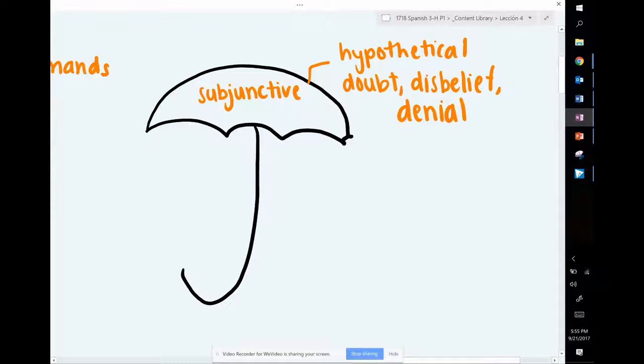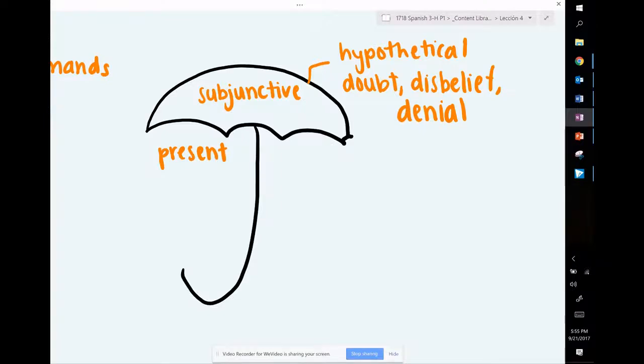And it's important to note that within the subjunctive, you have a bunch of different tenses. We're going to focus first on the present subjunctive. So in this video, you may hear me just say the subjunctive. What I'm referring to is the present subjunctive. There are other tenses of the subjunctive that we will talk about later this year, but for now, it is just the present subjunctive, or in Spanish, se dice el presente del subjuntivo.